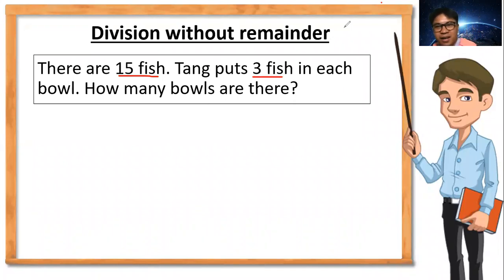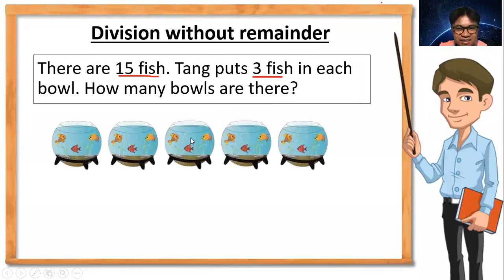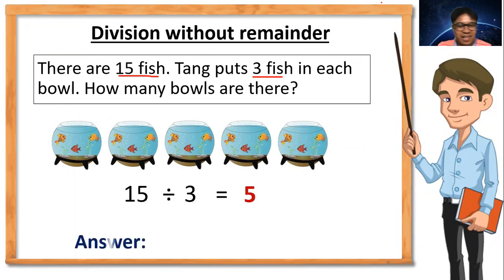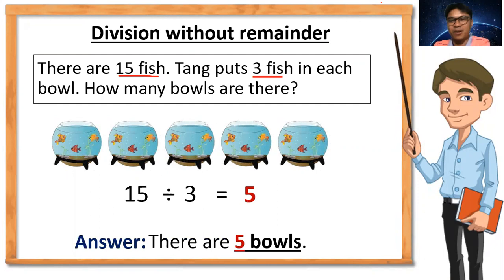So how many bowls are there? You can see here in the picture. So there are 5. So 15 divided by 3 equals 5. The answer is there are 5 bowls. Okay, this is division without remainder.